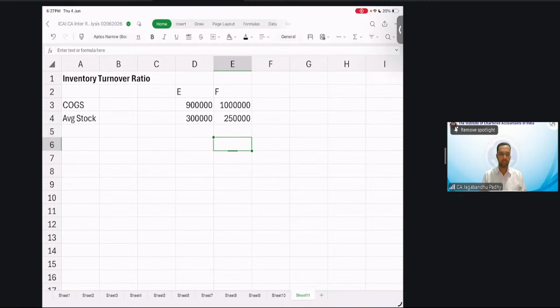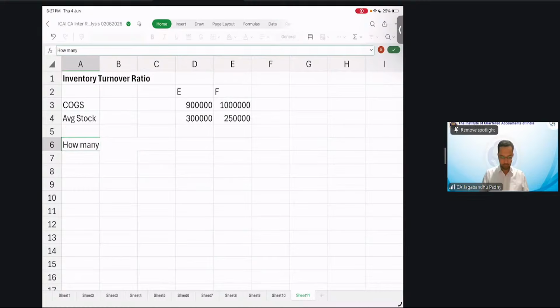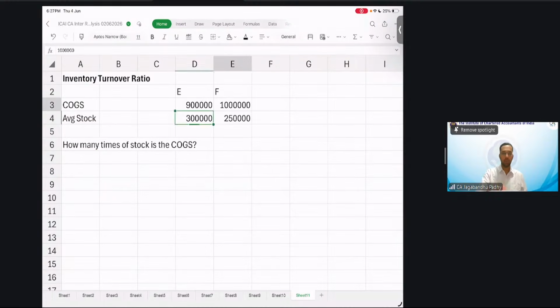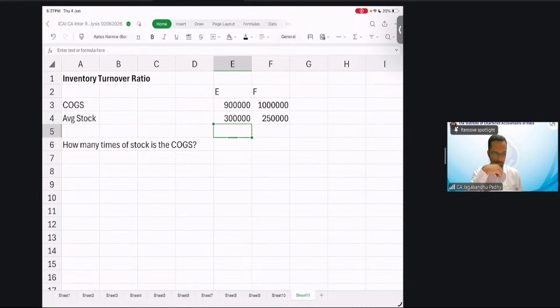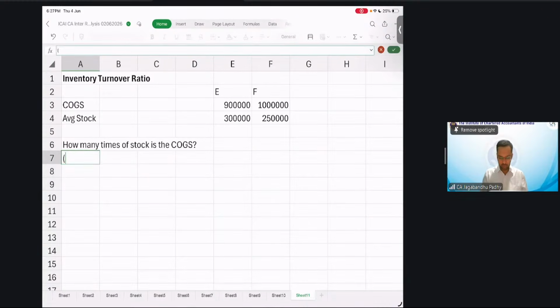Okay. So now my question is, how many times of stock is the COGS? Or to put it in a simpler way, how many times stock is sold in a year.